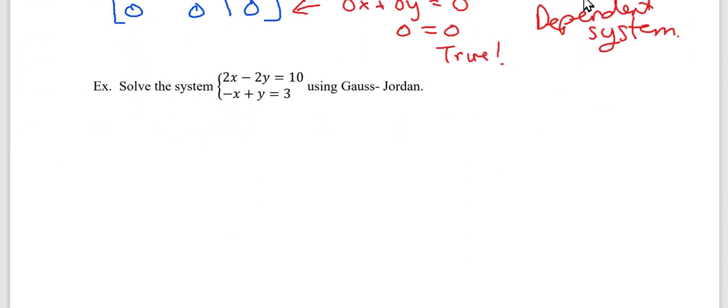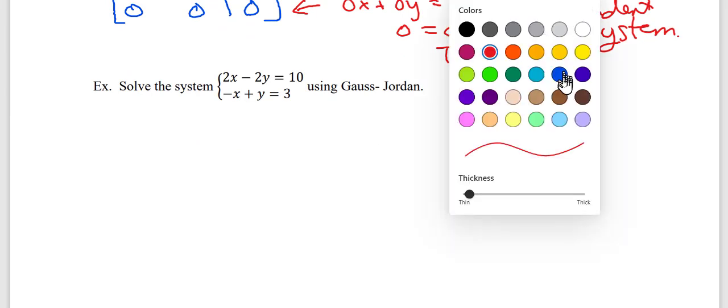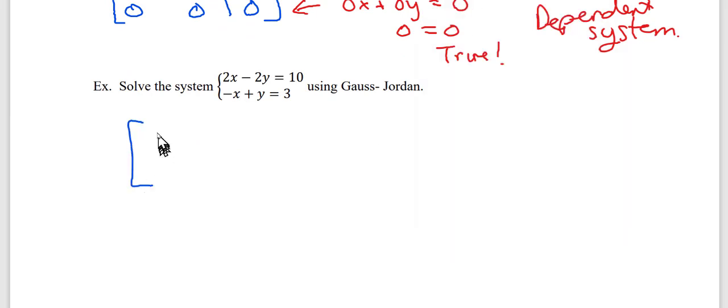Let's try the same thing for this example. 2, -2, 10, -1, 1, 3. You have a couple of options here for how we get this.